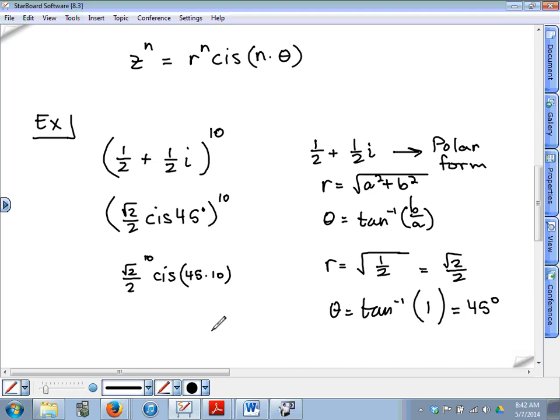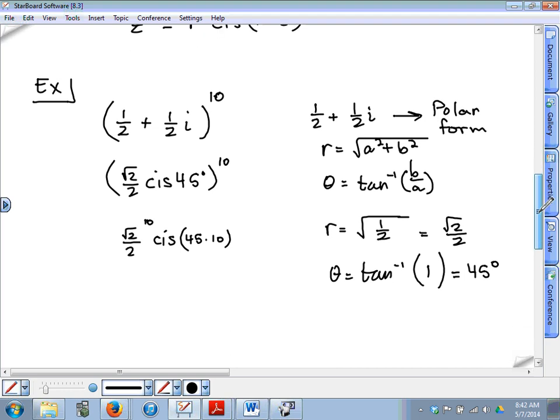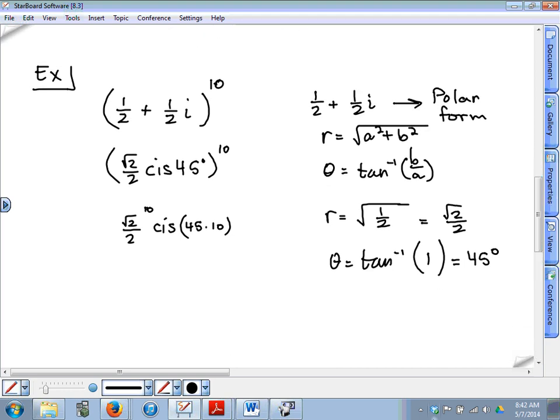This is just algebra. This should not be beyond your capabilities. What gets raised to the 10th power, the top or the bottom? Both get raised to the 10th power. Square root of 2 to the 10th power divided by 2 to the 10th power.